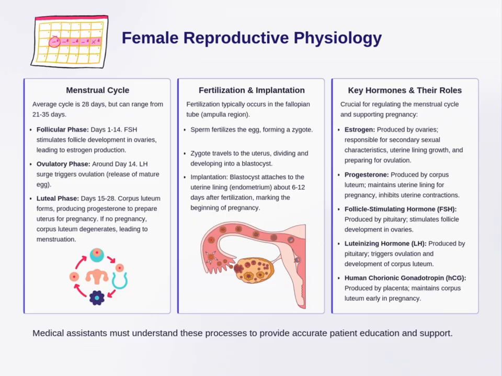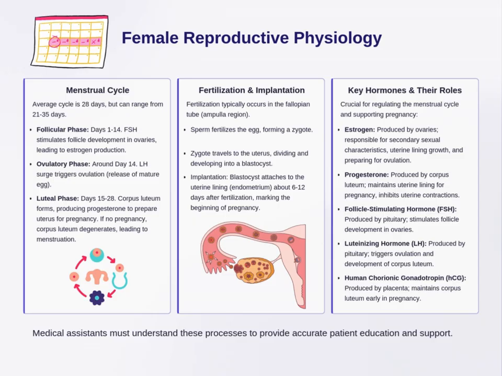The lining of the uterus is also getting thicker through that. The ovulatory phase is around day 14. Most people, if they have a menstrual cycle that's 28 days, ovulate around day 14. The hormone luteinizing hormone will trigger that ovulation, or release of an egg.